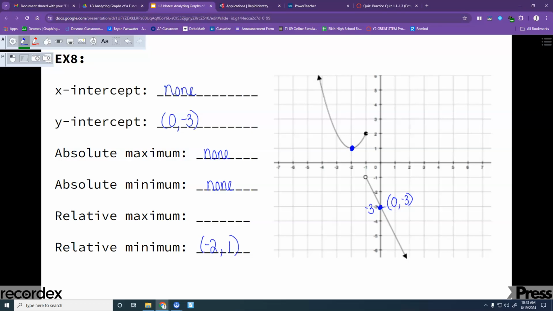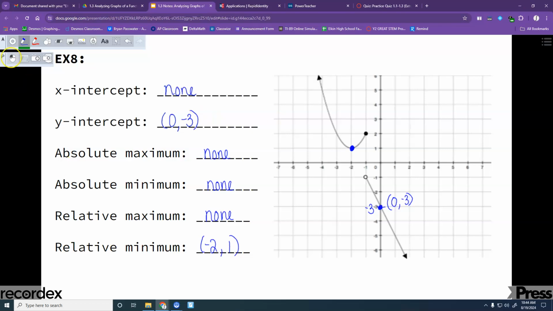Do we switch from increasing to decreasing, or decreasing to increasing here? We're increasing and then we just stop. We haven't switched, so I'm not going to count that. I don't think they're going to ask you about that point on the EOC or anything. We're looking for places where we just see a turn in the graph.